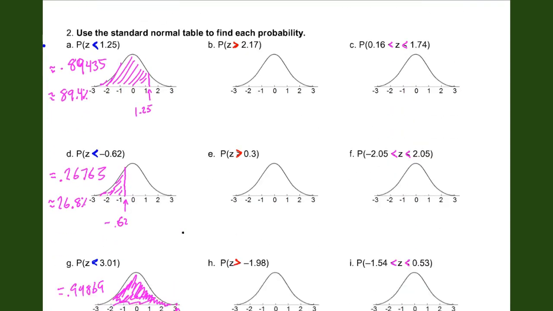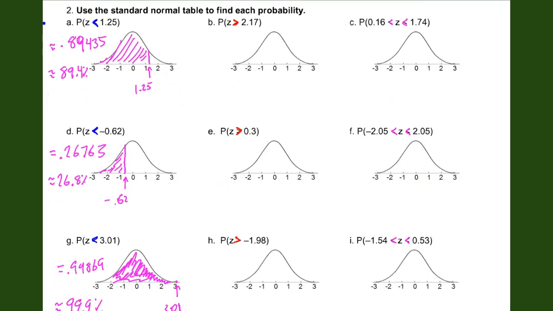So now let's look at when it's greater than. Slightly different. All right, greater than 2.17. We want greater than. That's everything over here, so a very small amount, right? So we expect to see a very small number for this. 2.17.